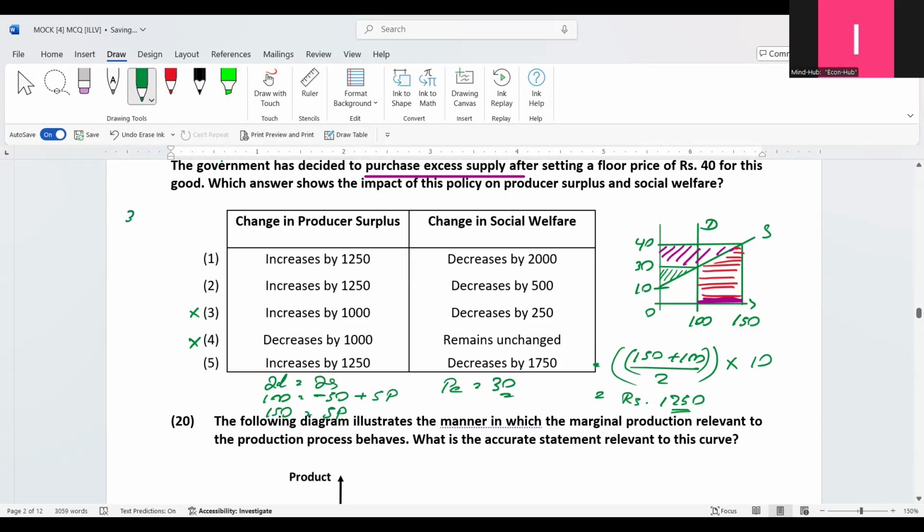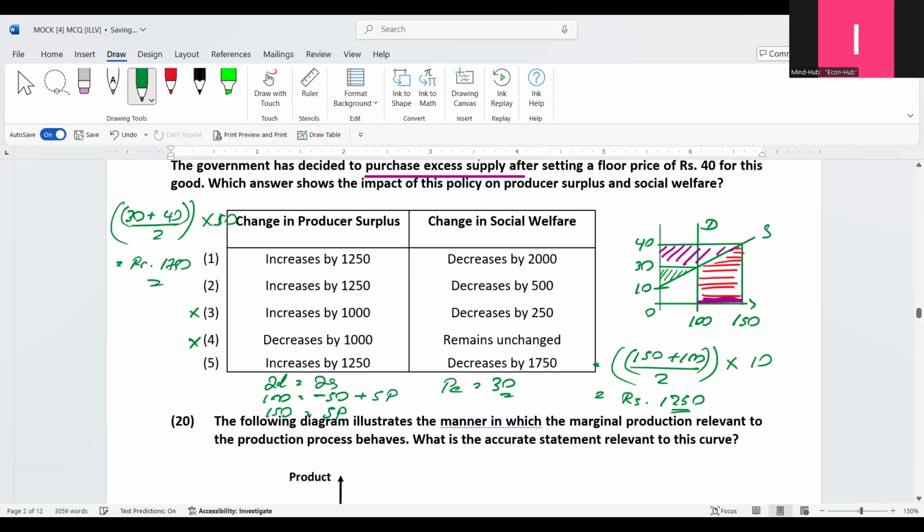So that would be 30 plus 40 divided by 2, the whole thing into 50. When you solve this, social welfare is a loss, so there's a decrease of social welfare by 1,750. Is that correct? Yeah, 1,750.